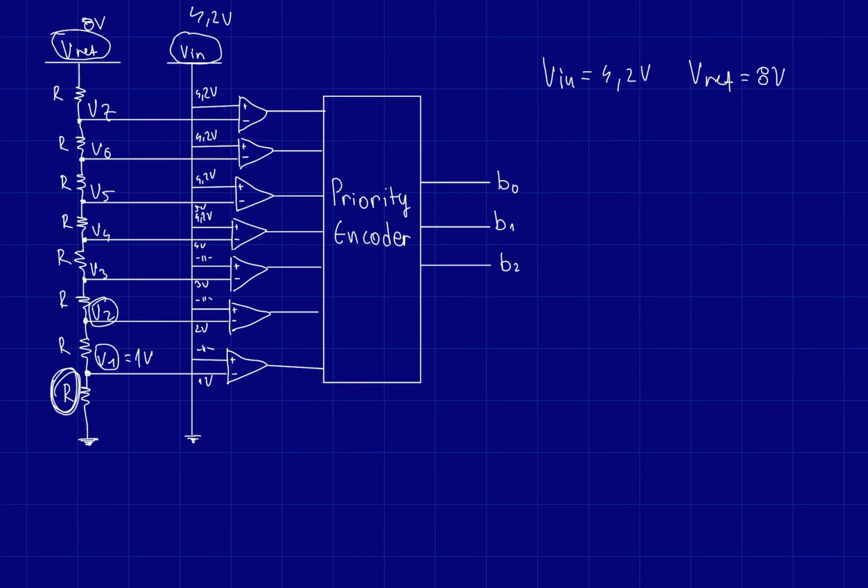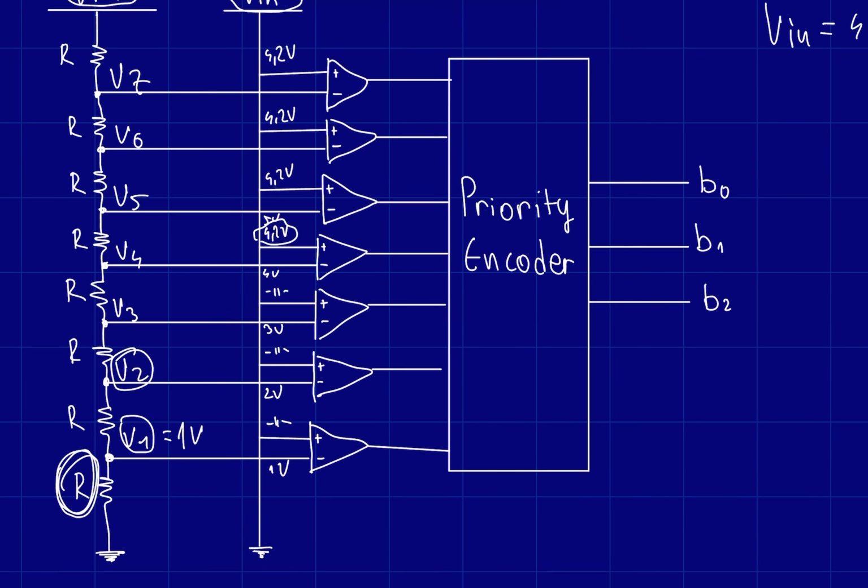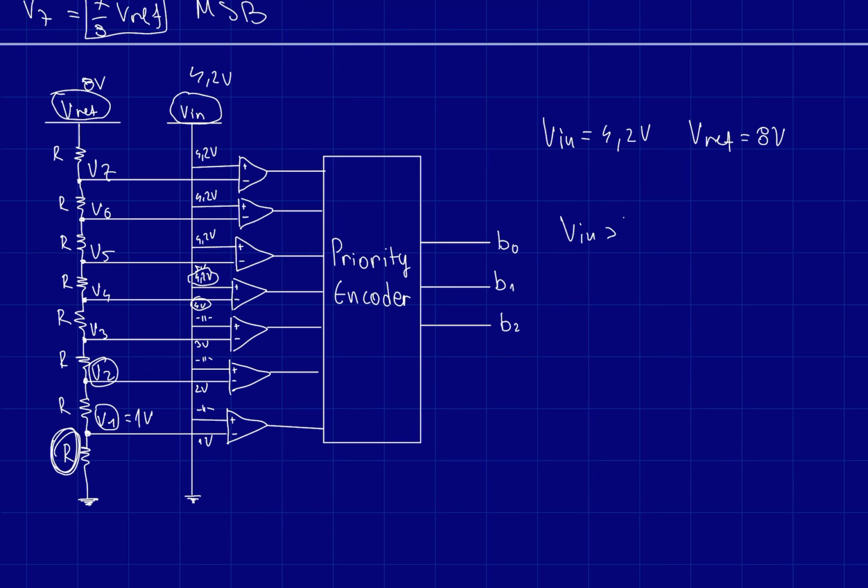Here we have 4.2 volts versus 4 volts. We said that if Vin is bigger than Vref, the output is 1. So here we have 1. Here we have 4.2 volts and 3 volts, which is also 1, and so is everything below. But above we have 4.2 volts compared with 5 volts, so it's 0, and everything above is 0.